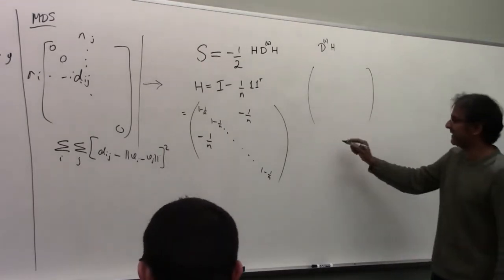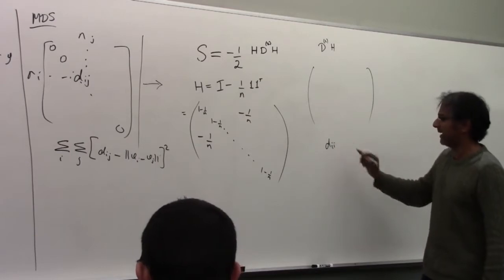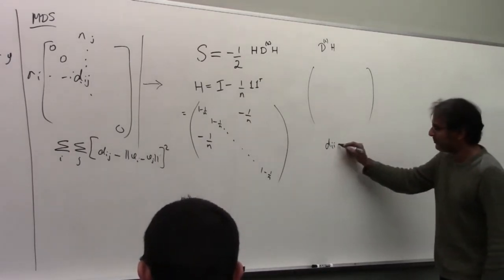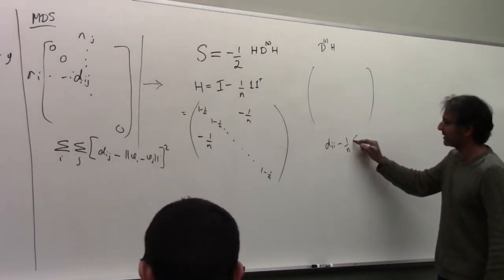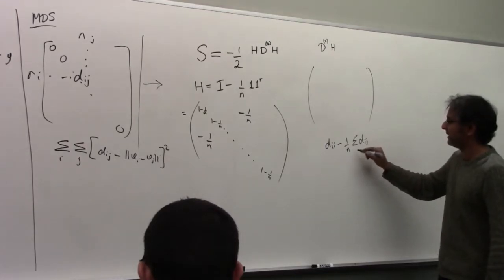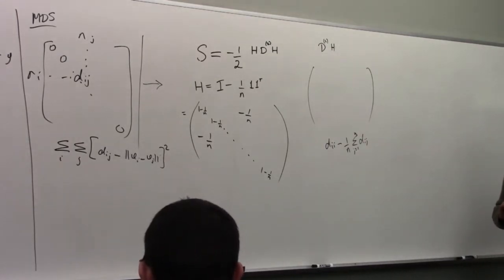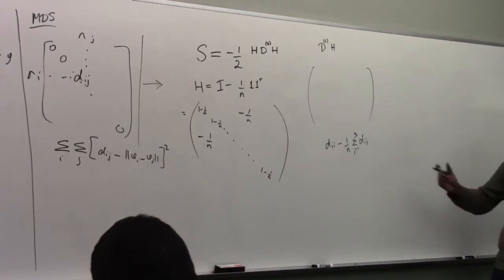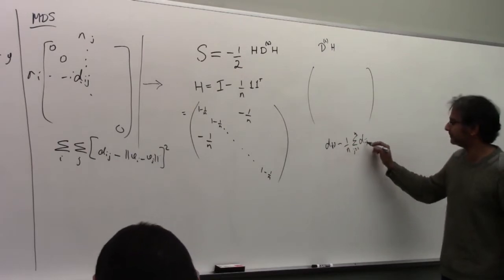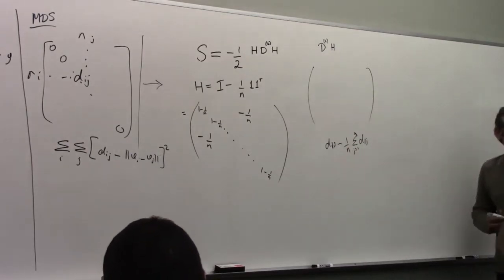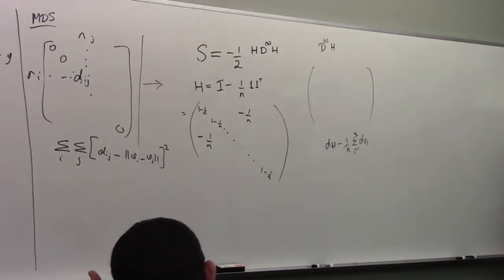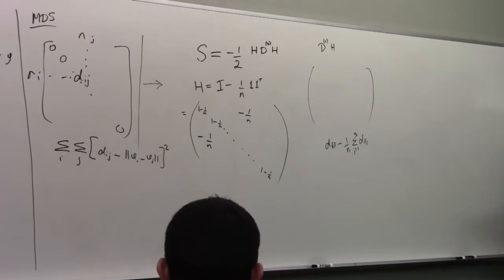So it's basically saying it's the distance to myself, which is 0, we'll ignore that, minus 1 over n times the sum of the distances d1j for j equal to 1 to n. D11, I should say.